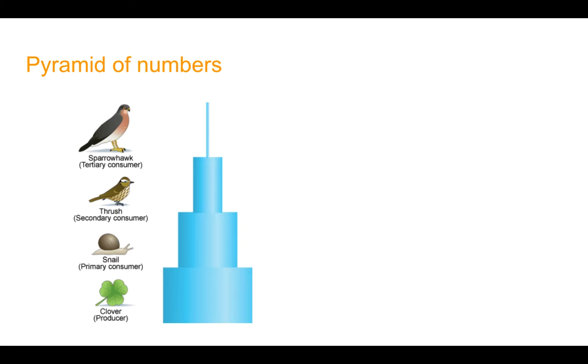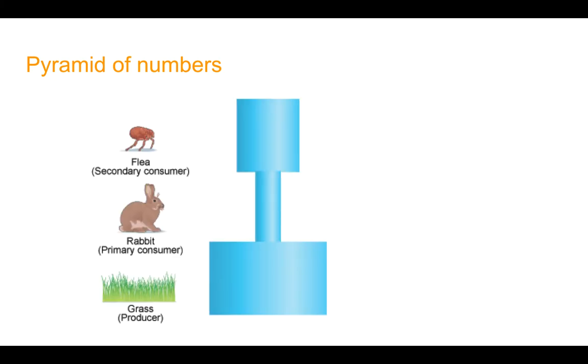Pyramid of numbers. This is just showing the actual numbers. So there are many more clover in an ecosystem versus the number of snails versus the number of thrush versus a sparrowhawk. It's maybe only a couple. But sometimes the pyramid of numbers does not always actually look like a pyramid, which is kind of interesting.